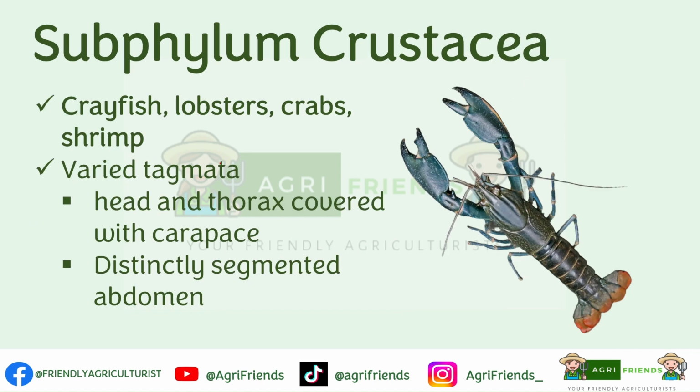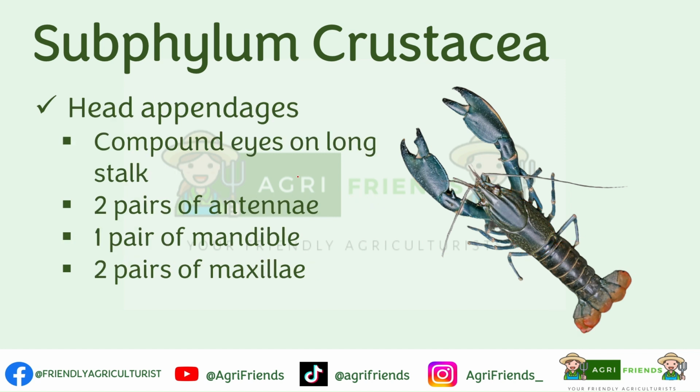The subphylum Crustacea, commonly known as the crayfish, lobsters, crabs, and shrimps, have varied tagmata, but usually a head and a thorax which is covered with a carapace. So this is the carapace, and they have a distinct abdomen. This is the abdomen. The head appendages are composed of compound eyes on long stalks.